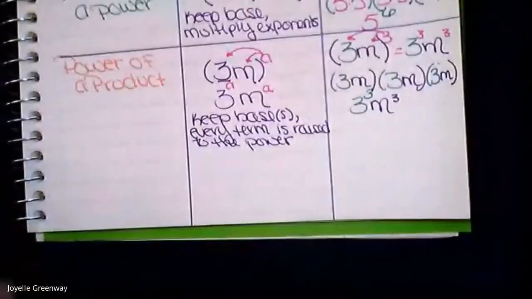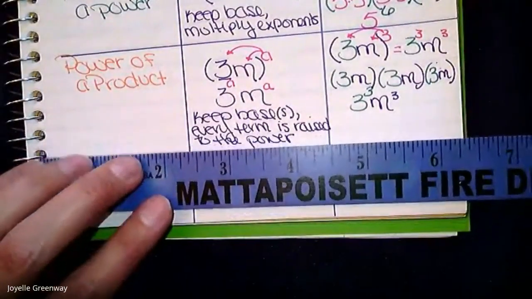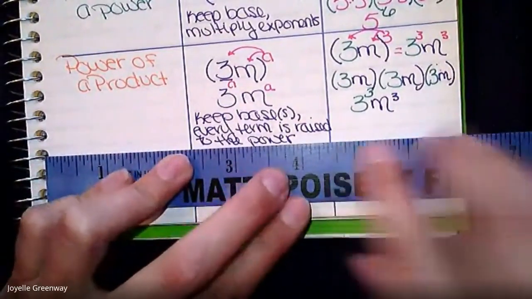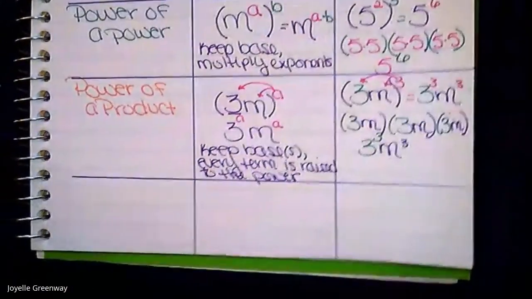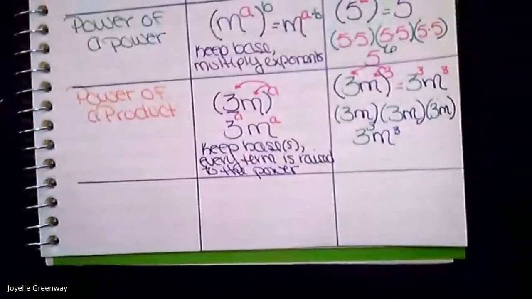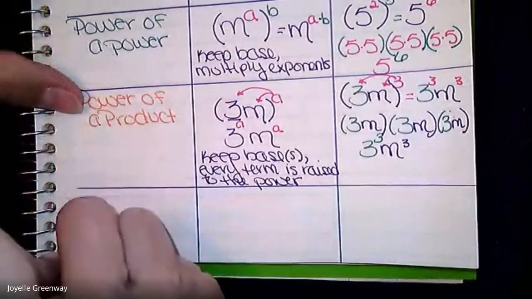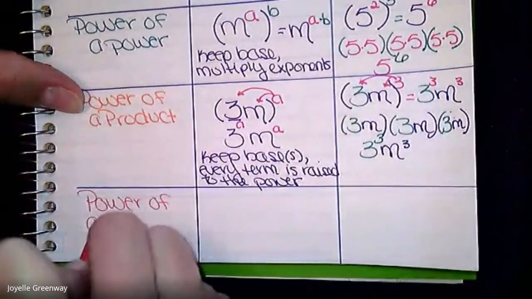And the power of a quotient rule is literally the same thing, except we're not talking about multiplication anymore. Now we're talking about division. Okay, so we have the power of a quotient.